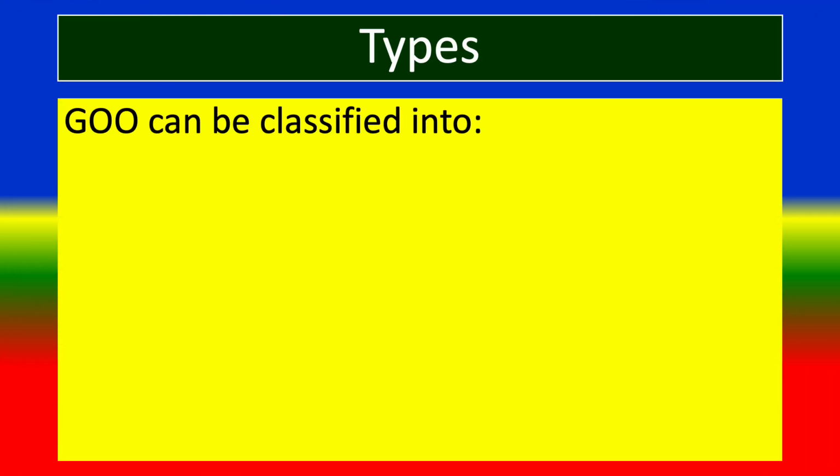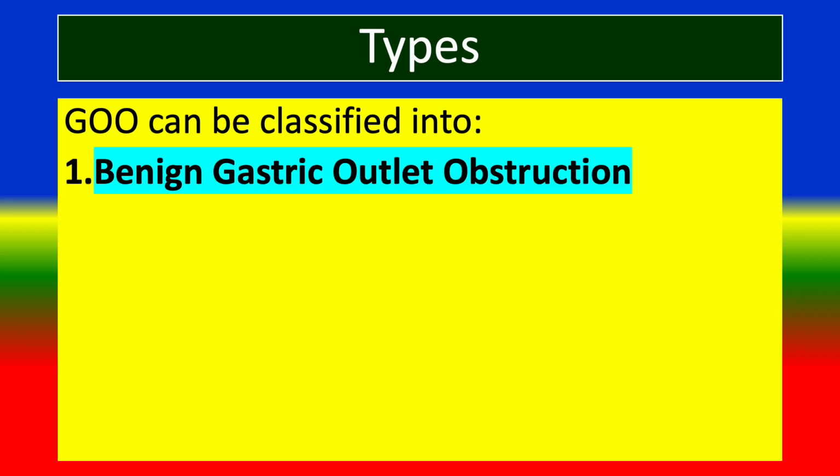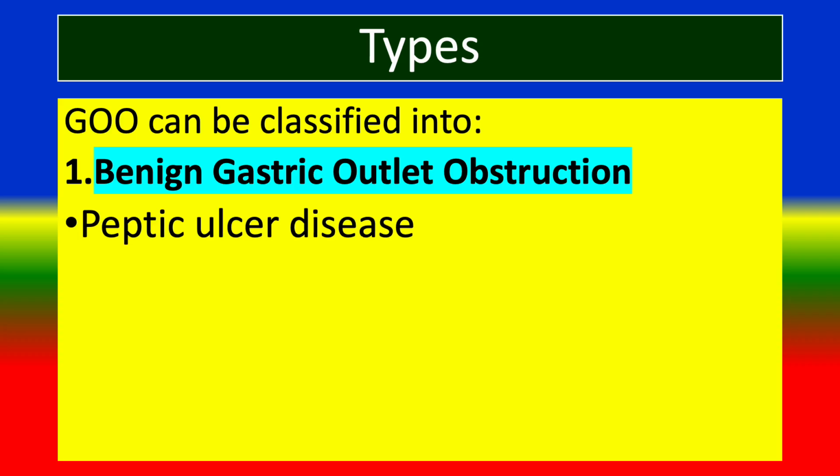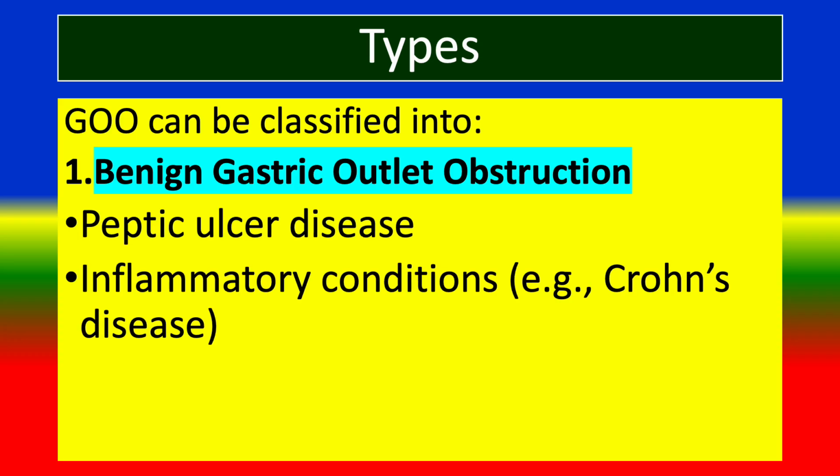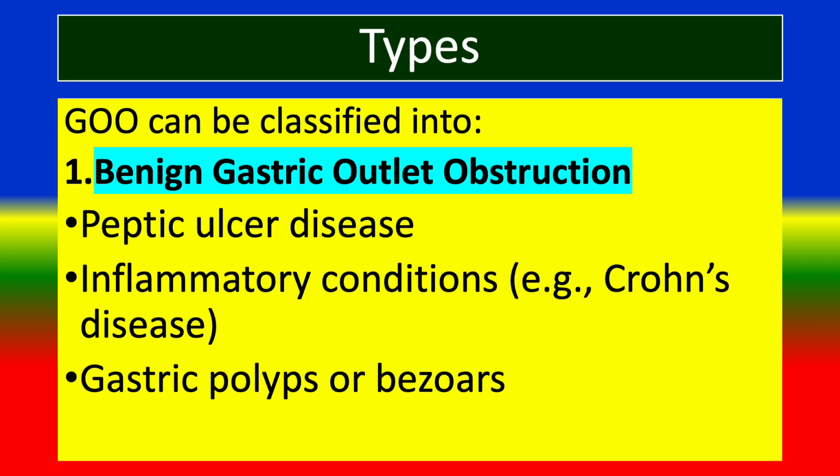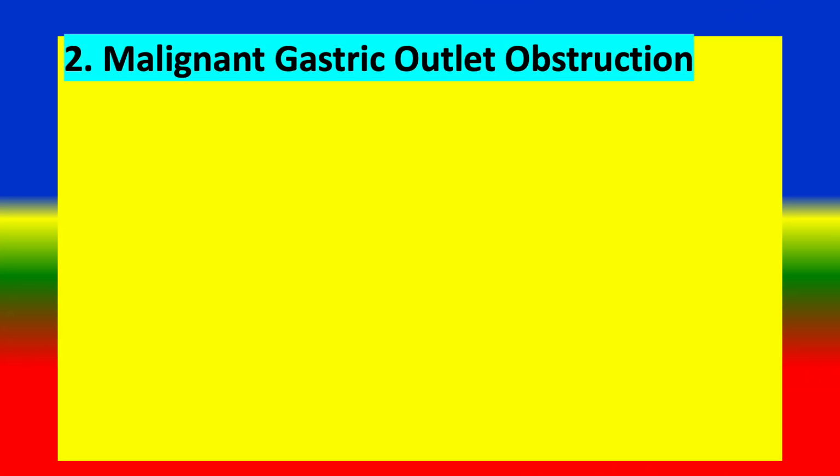Types. GOO can be classified into: 1. Benign gastric outlet obstruction: peptic ulcer disease, inflammatory conditions, for example Crohn's disease, gastric polyps or bezoars. 2.